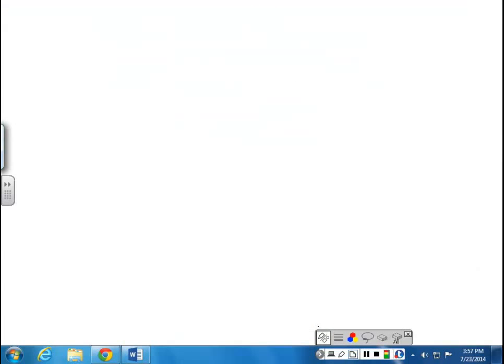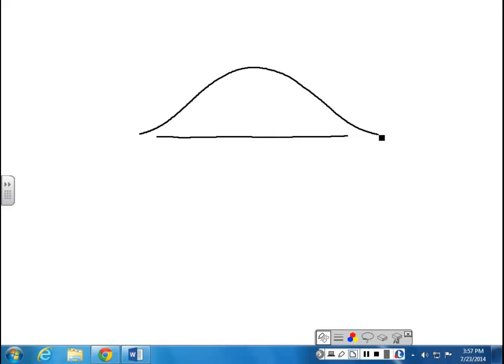Let me just draw this out, the sampling distribution for this. Make sure you label the axis, x bar A minus x bar B. The center is going to be mu A minus mu B is equal to 0.